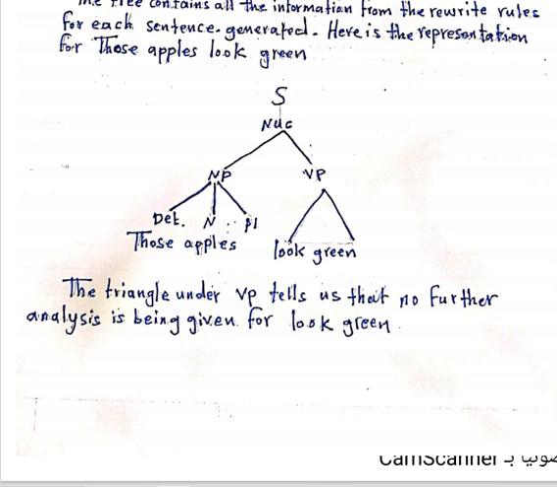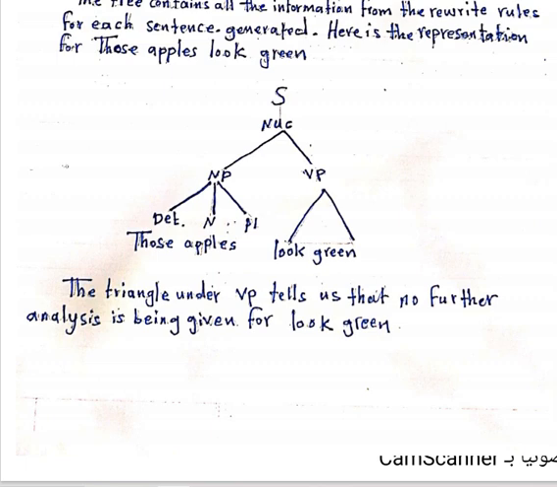Then verb phrase, just a verb phrase without something before or after it: look green. This is the complete sentence according to all three phrase structures which we mentioned above. Let us see where the determiner, the noun, the plural and the verb phrase are in this sentence.